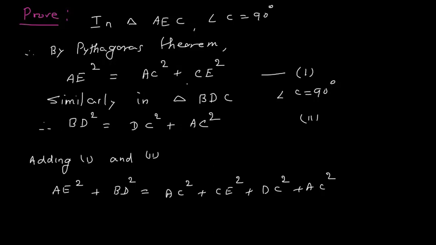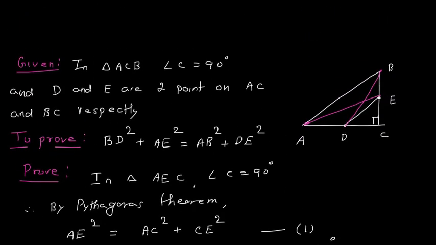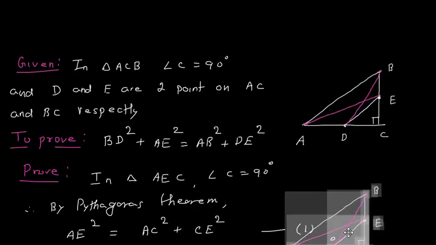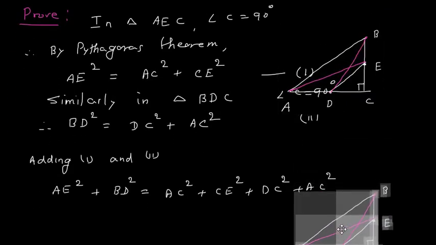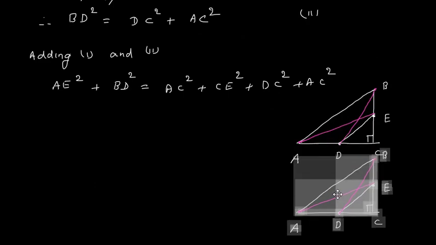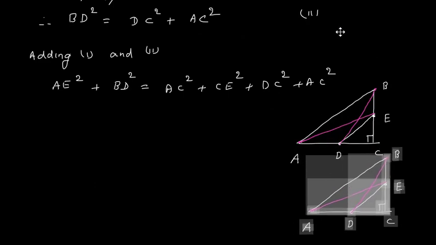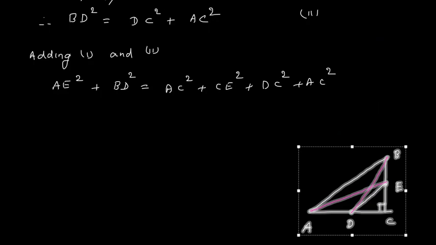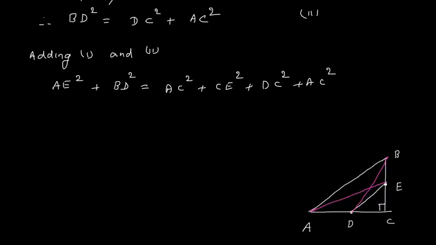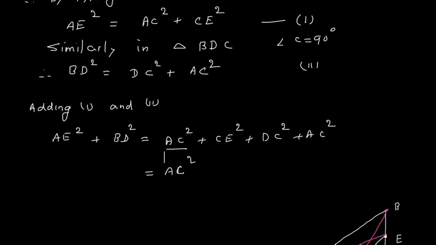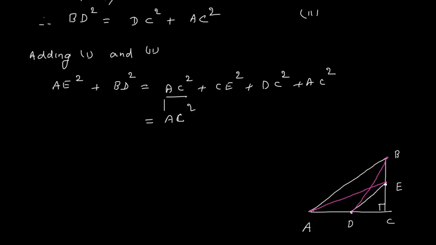Okay, so again we need to check the diagram, so better again I will move this triangle little down, so that I don't have to move up for seeing the different sides. So now in this triangle, this AC square and this BC square.